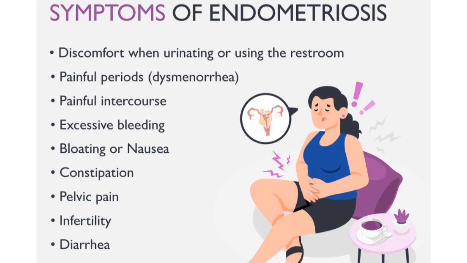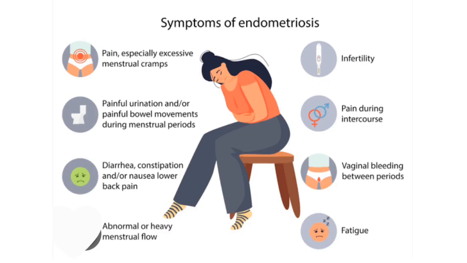As we mentioned before, this endometrial tissue can be in different surrounding structures in the pelvis and lower abdomen, which can cause pain. And again, the location of the pain depends on the location of the abnormal endometrial tissue. And like the pelvic pain, this other pain can fluctuate during the cycle.